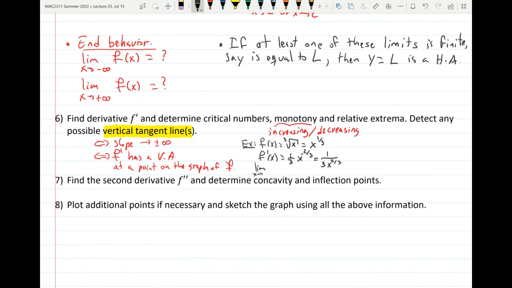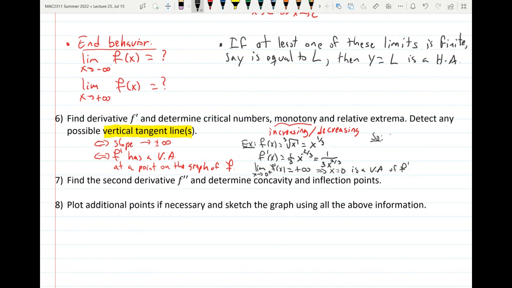It doesn't matter which side because of the square: we have 2 over 3, but that 2 is a square, so it's going to make it positive. Let me just say from the right of f prime, this limit is positive infinity. So what this is telling us is that x equals 0 is a vertical asymptote of f prime.